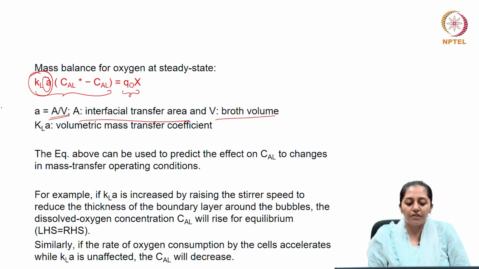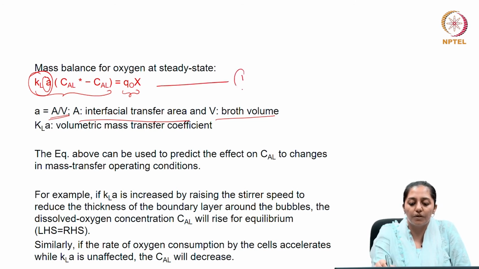Now, equation 1 can be used to predict how the mass transfer operating conditions, if changed, will bring about a change in the bulk oxygen concentration.